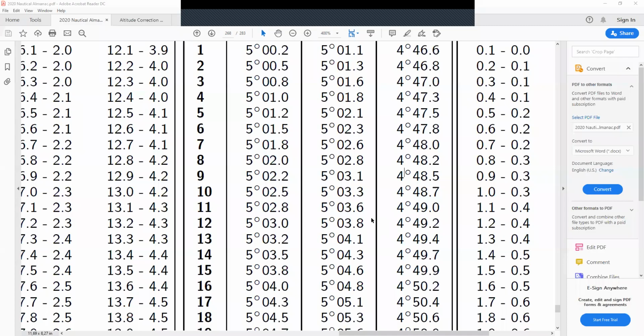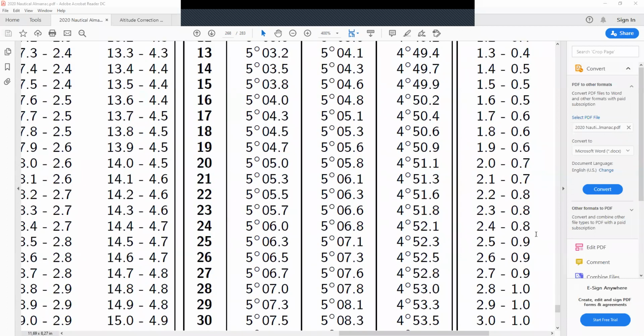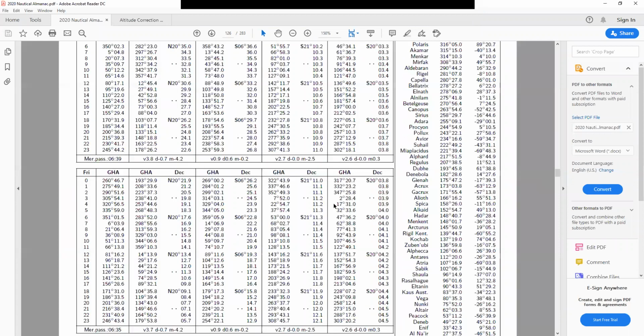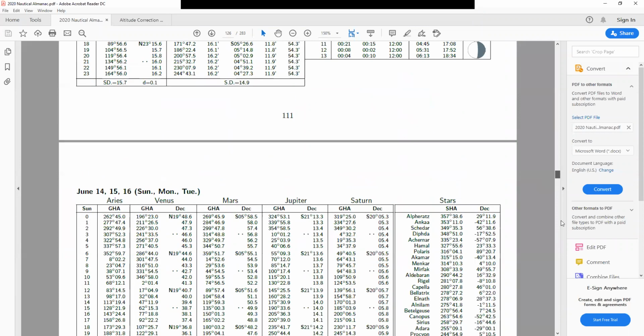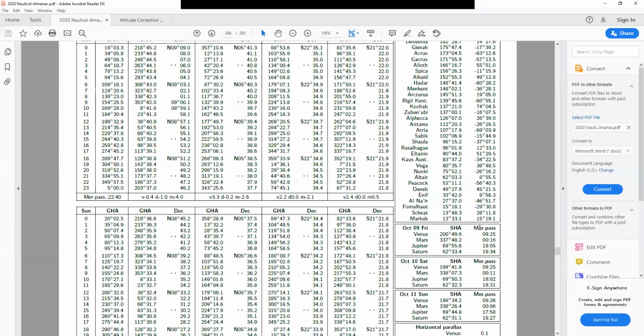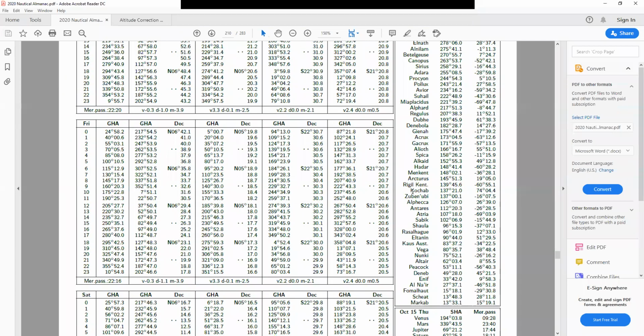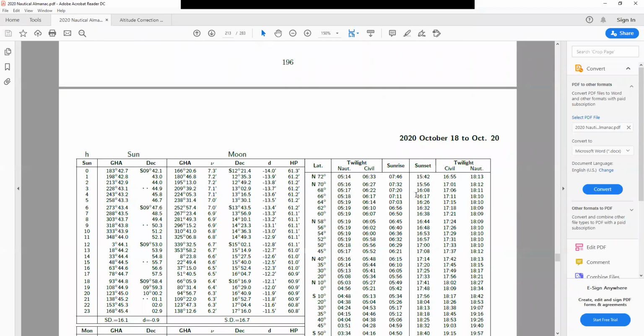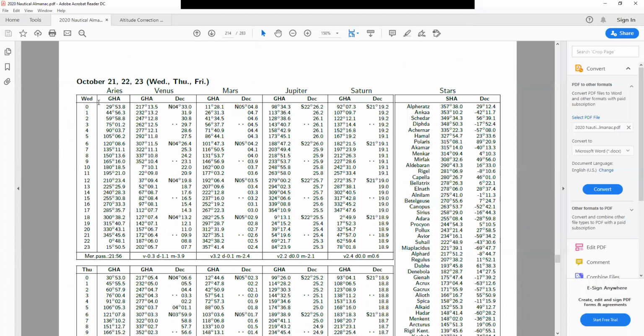So if we go back to the almanac. October 21st, here we are.